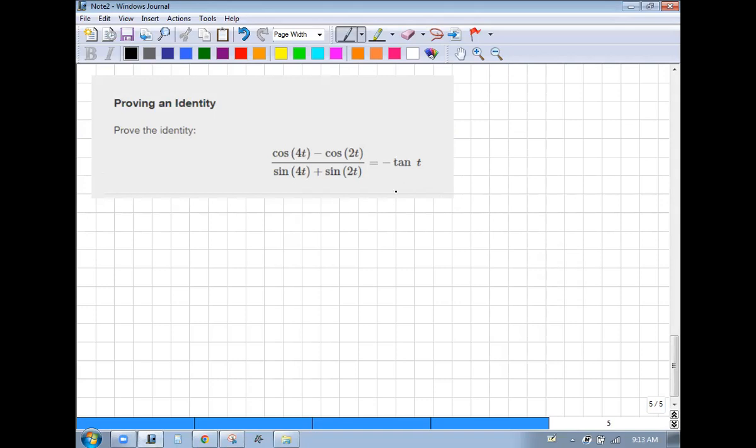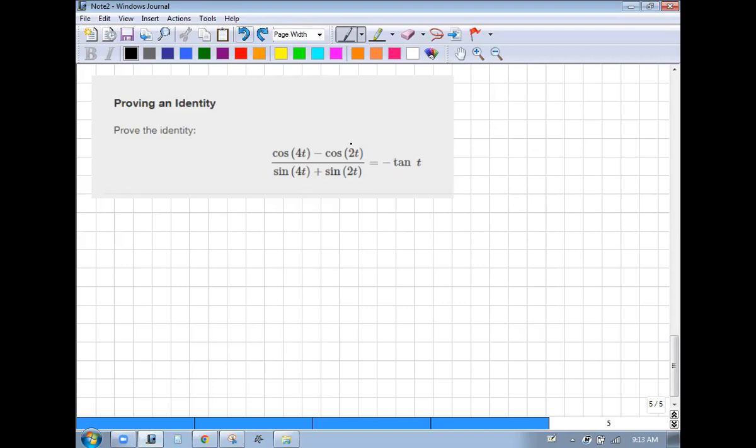That's what we want to do. So let's look at this. We have all kinds of different angles, right? Over here, there's just t. Over here, we have 2 t's and 4 t's. We could try using our double angle identities. If I wasn't in this section of the book where they just presented the sum and difference, I probably wouldn't think to use them.